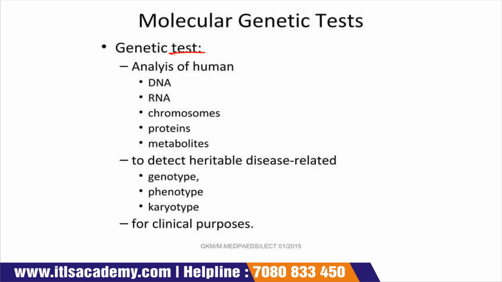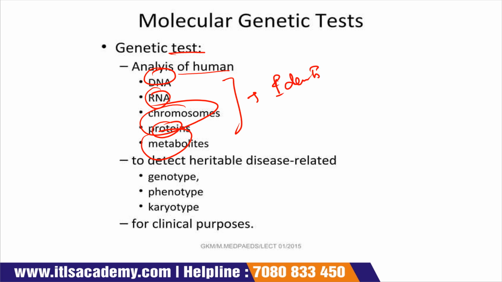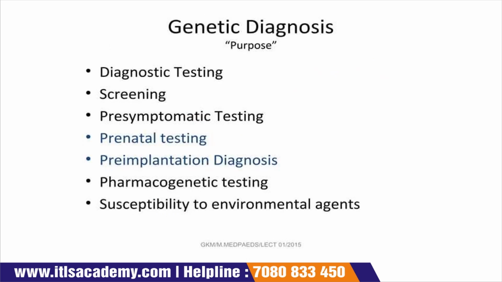Molecular genetic testing is used for the analysis of human identification of RNA, DNA, chromosomes, protein, metabolites, for their identification. Then it is used to detect heritable diseases, like genotype, phenotype, karyotype, and it is also used for clinical purposes. Genetic diagnosis.